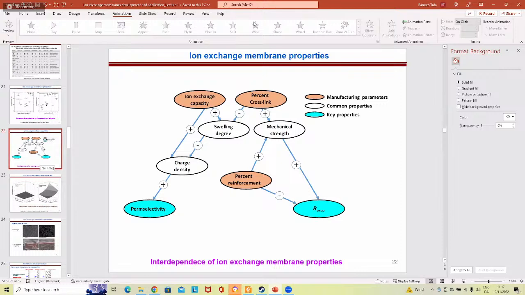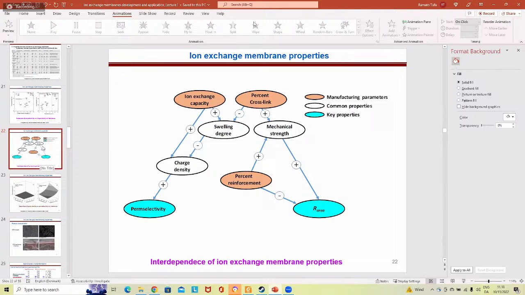Okay, this is also a good question, but a bit related to what we plan to do next time, because next time we are planning to discuss the application of the ion exchange membranes. But I can give a highlight. It is nice that you did electrodialysis in your class, so you know that ion exchange membranes are used in electrodialysis.